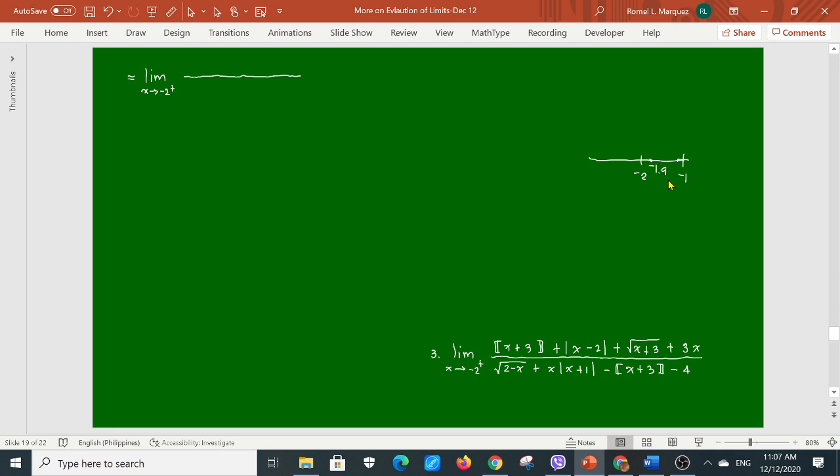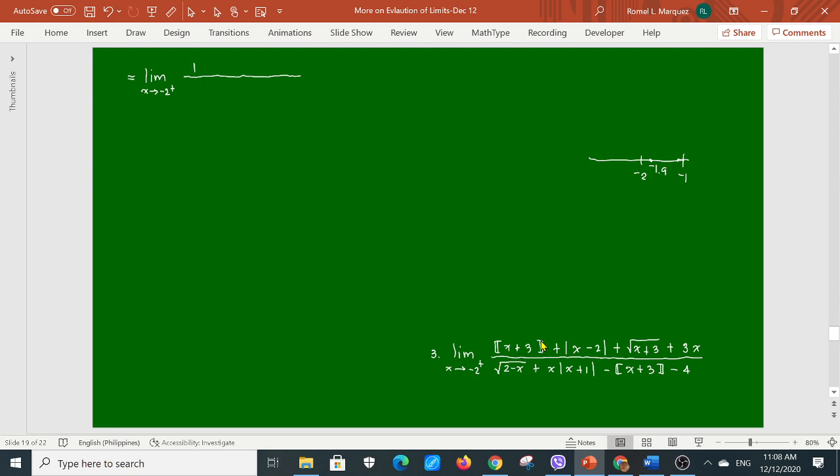So negative 1.9 plus 3 is 1.1, right? So again, negative 1.9 plus 3 is 1.1. So an example of a number in the interval close to negative 2 from the right, the value is 1.1. So the greatest integer is 1, no?